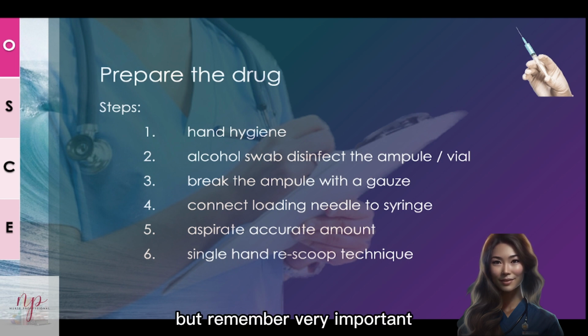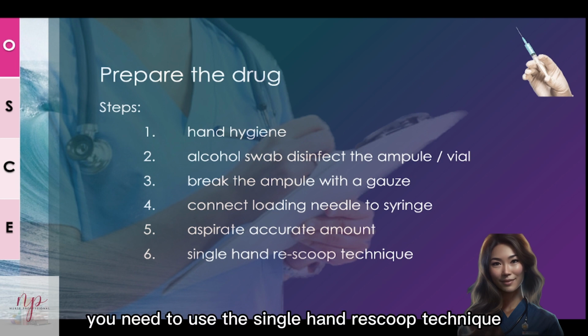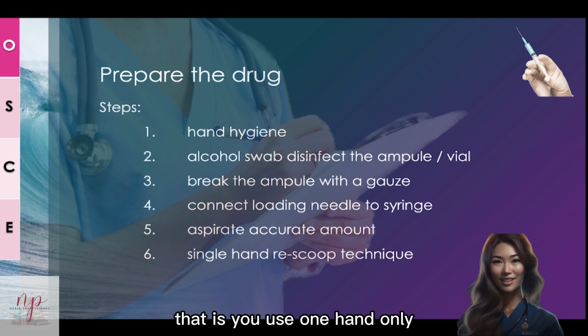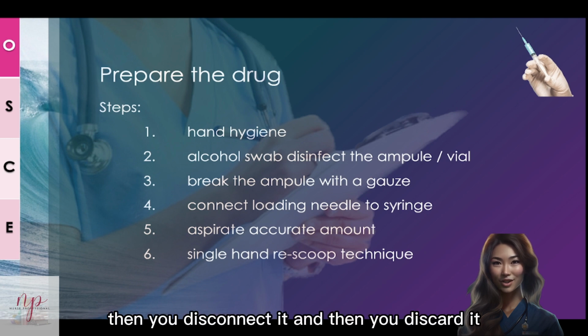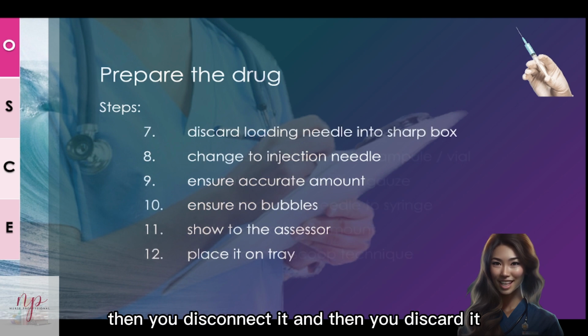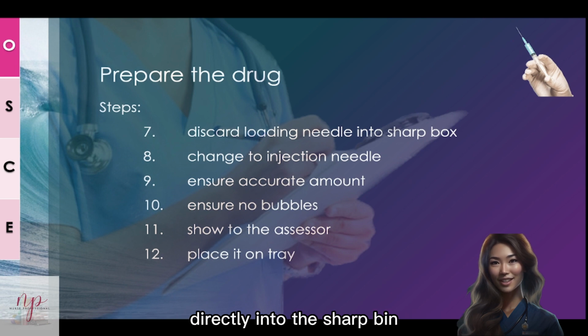But remember, very important, you need to use the single hand scoop technique. That is, you use one hand only. This is to prevent any sharp injury. After you recap it, then you disconnect it and discard it directly into the sharp bin.